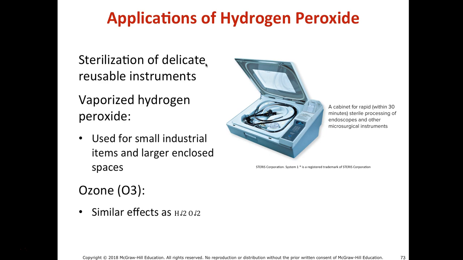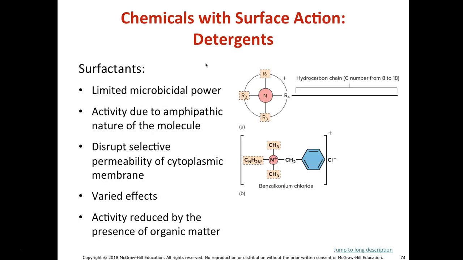And then lastly, we have ozone, or O3, and we see that it has similar effects to hydrogen peroxide. It's able to be used to disinfect the air, water, industrial air conditioners, and also cooling towers.